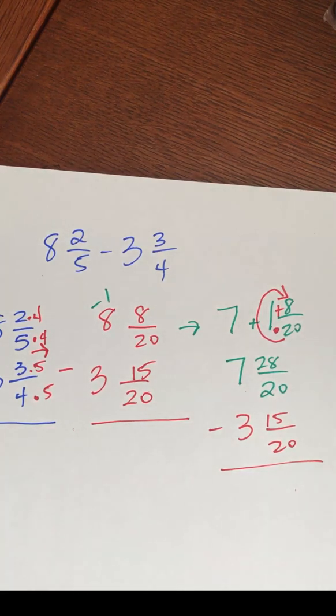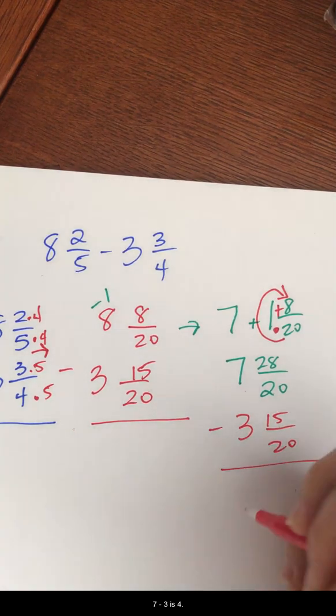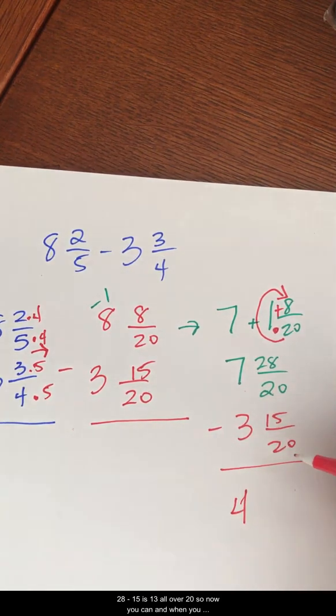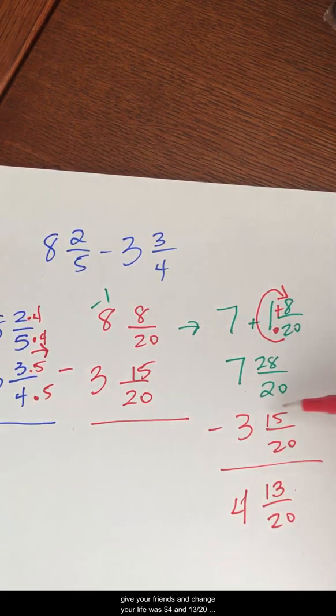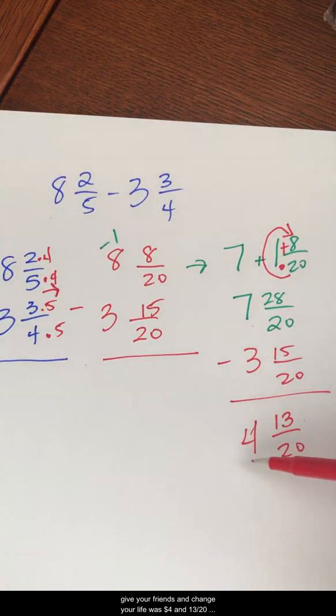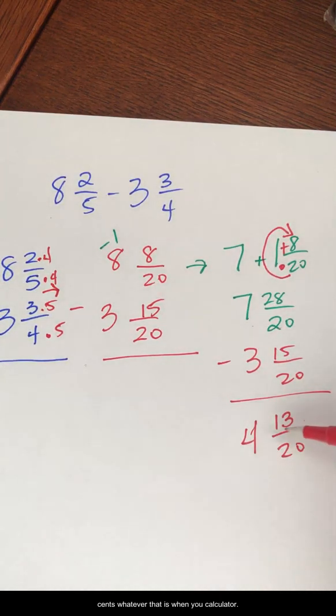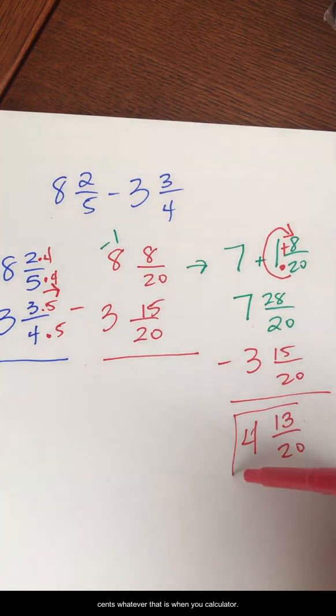I'm just looking at the book really quick. Yeah. So 7 minus 3 is 4. 28 minus 15 is 13, all over 20. So now you can give your friend some change. And when you give your friend some change, you're left with $4 and 13/20 cents, whatever that is when you calculate it.